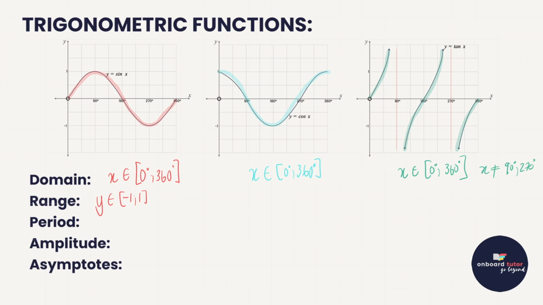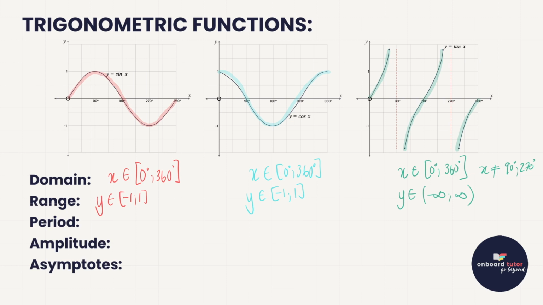That's going to change when we start transforming these, but for this particular parent graph, that's 100% true. And in the tan graph, these are my minimums pointing down to infinity, and those maximums are pointing up to infinity. So y is an element from minus infinity up to infinity. Infinity always gets round brackets.